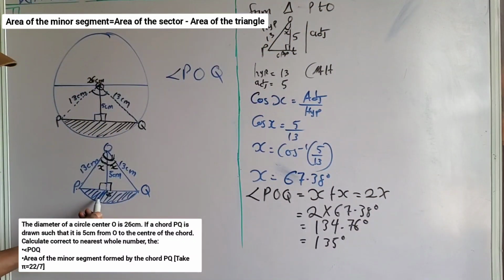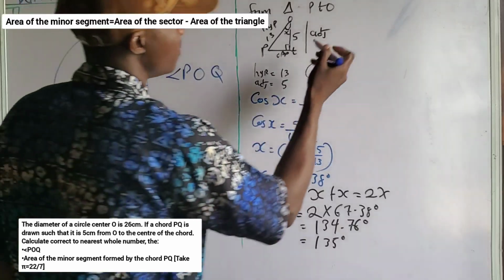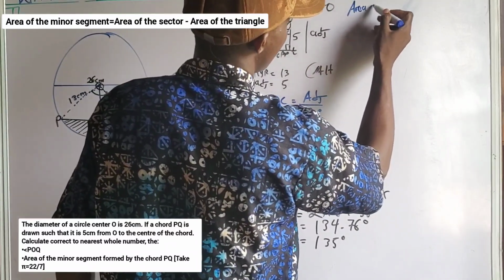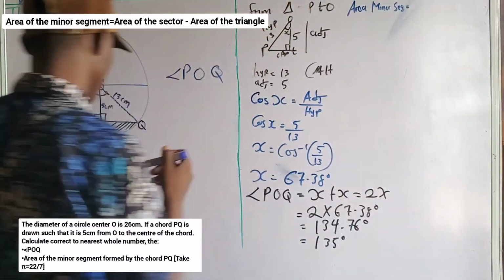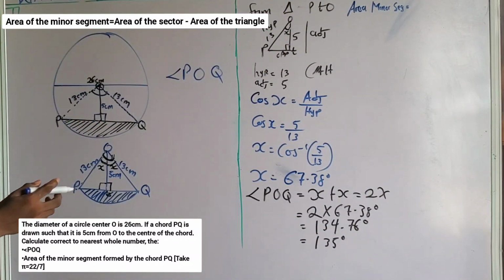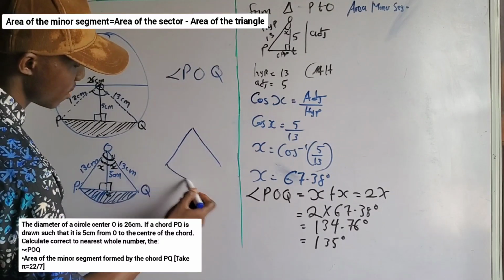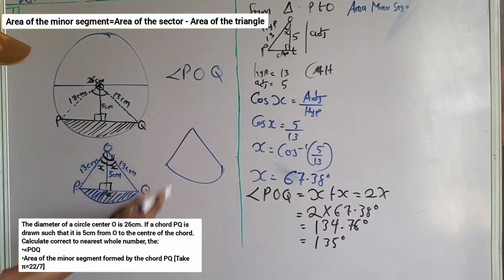The area of this minor segment is equal to the area of the sector, this is the sector, minus the area of the triangle. Listen to the explanation again if you didn't understand. The area of the minor segment is equal to the area of the sector minus the area of the triangle.